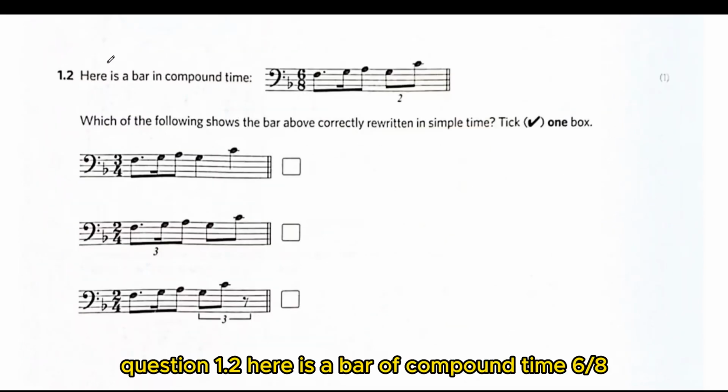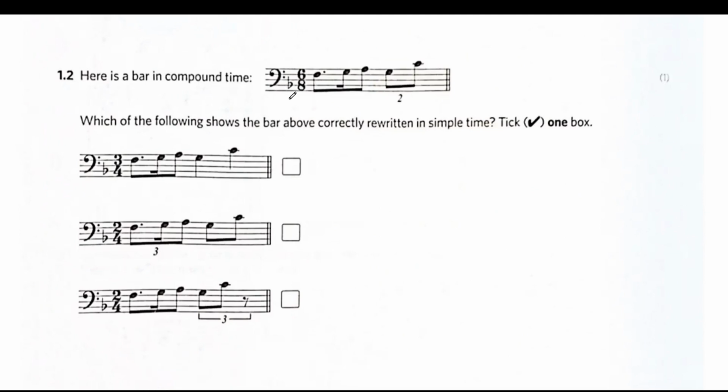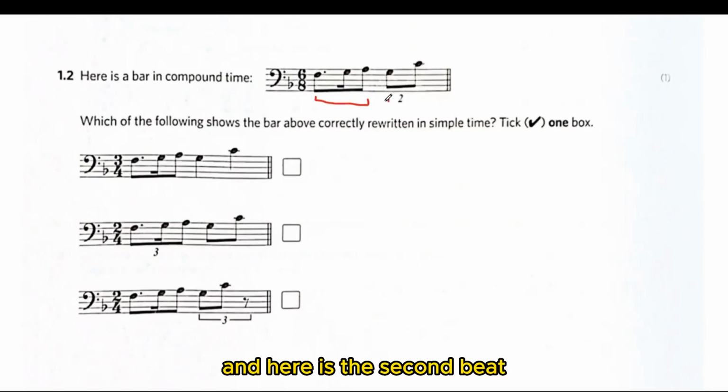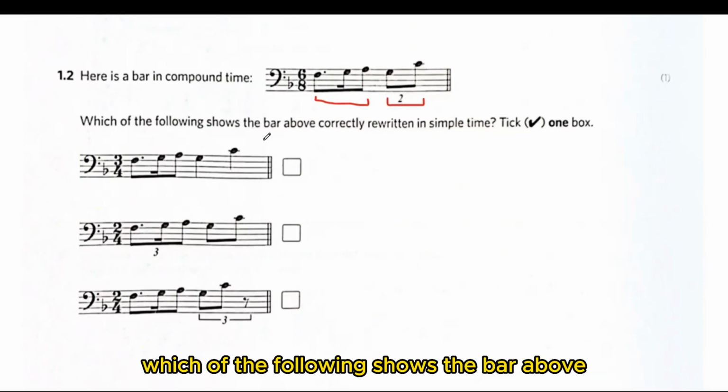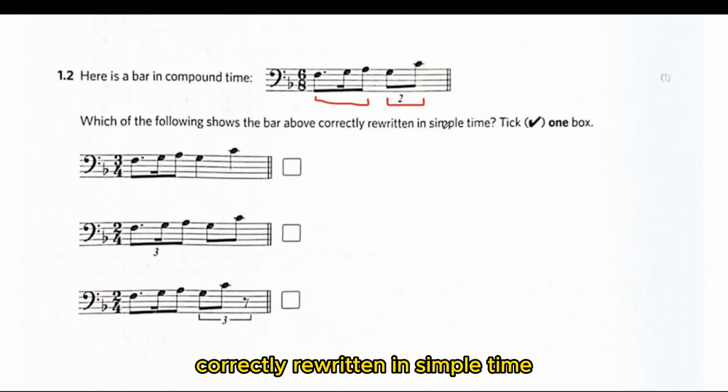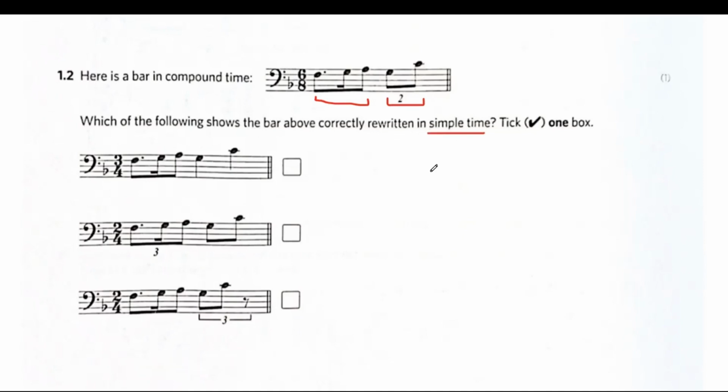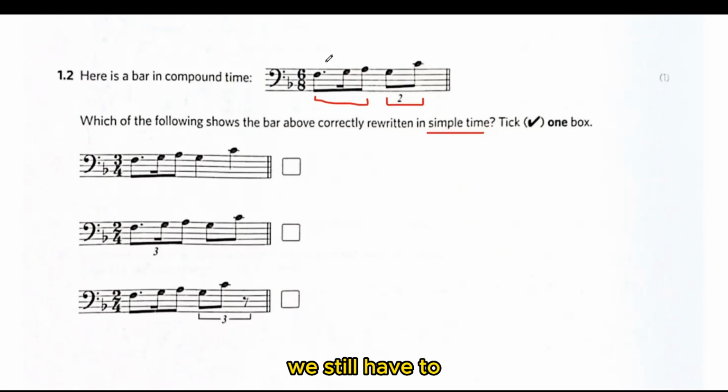Question 1.2. Here is a bar of compound time, 6/8. This is the first beat, and here is the second beat. Which of the following shows the bar above correctly rewritten in simple time? Tick 1 box. From 6/8, change to simple, we still have to keep the 2 beats.